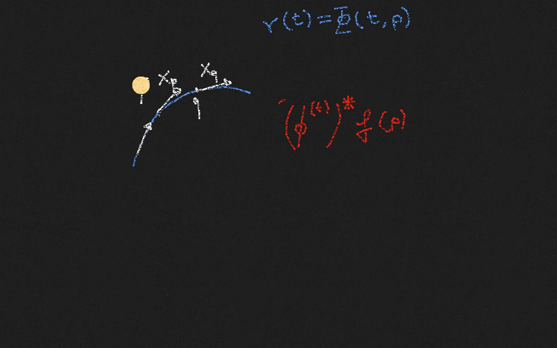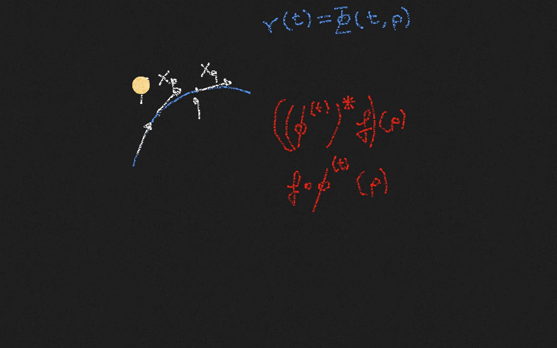So this is a function. So the pullback operator applied to f, the result is calculated in P. I mean, the pullback operator on a function is a weird way to write the composition. So this is just f composed phi with t applied to P.